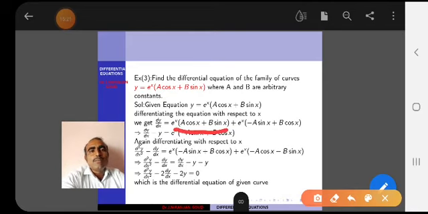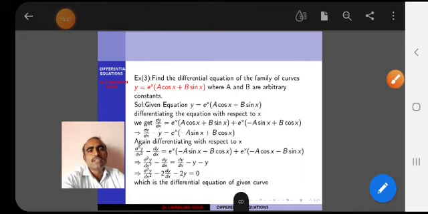In dy/dx, e^x (a cos x + b sin x) is nothing but y. So write y in place of e^x (a cos x + b sin x). You get dy/dx - y = e^x (-a sin x + b cos x). Now again differentiate the above equation with respect to x.